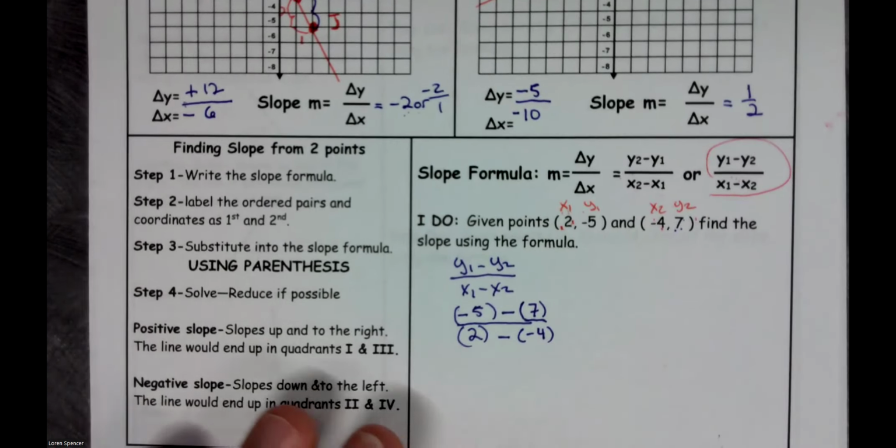We substitute using parentheses. So I'm going to have -3 over -4. All I did was take these two numbers and flip them. This will always be a minus sign every single time, and then I need parentheses again. So this becomes -1 over 2.